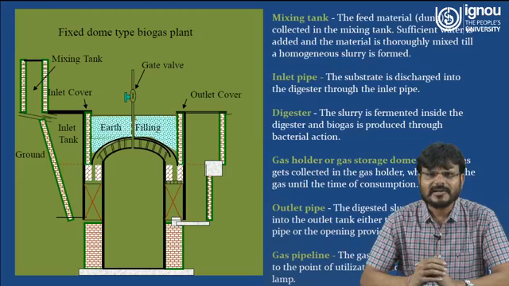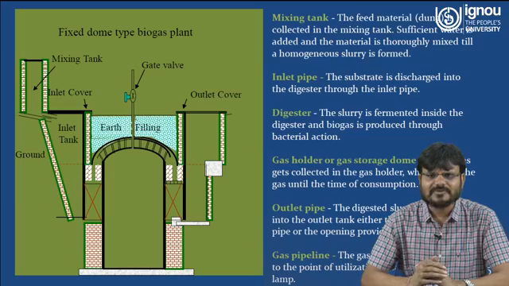In the inlet pipe, the substrate is discharged into the digester. In the digester, the slurry is fermented and biogas is produced through bacterial action. In the gas holder or gas storage dome, the biogas is collected and held until the time of consumption.